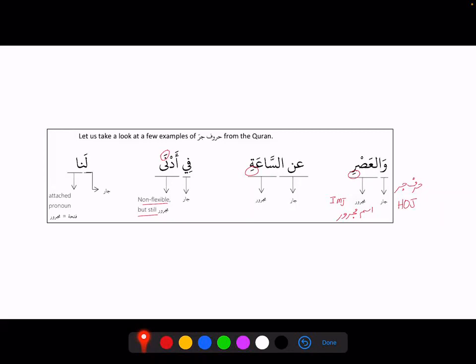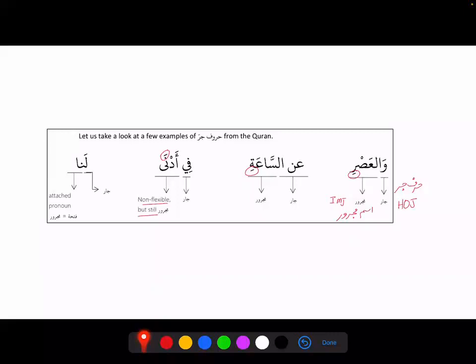So wal asri, again, beautiful. Allah subhanahu wa ta'ala is swearing by time. That time is running. So human being, you need to fulfill your purpose, basically. Then anis sa'ati, sa'a means the day of judgment, right? One name of the day of judgment is sa'a. So they are asking about sa'a. And we see that an is Harf-Jar, as-sa'ati is majrur over here.